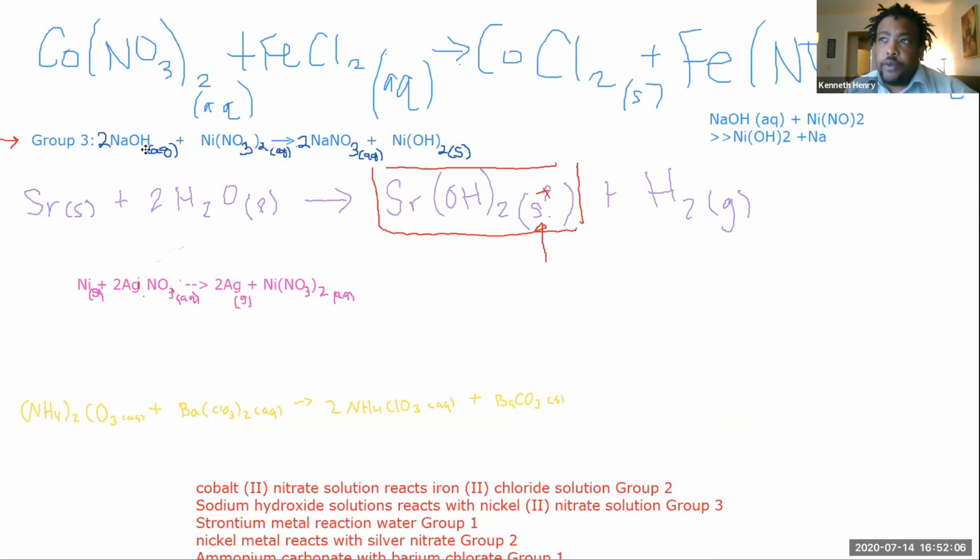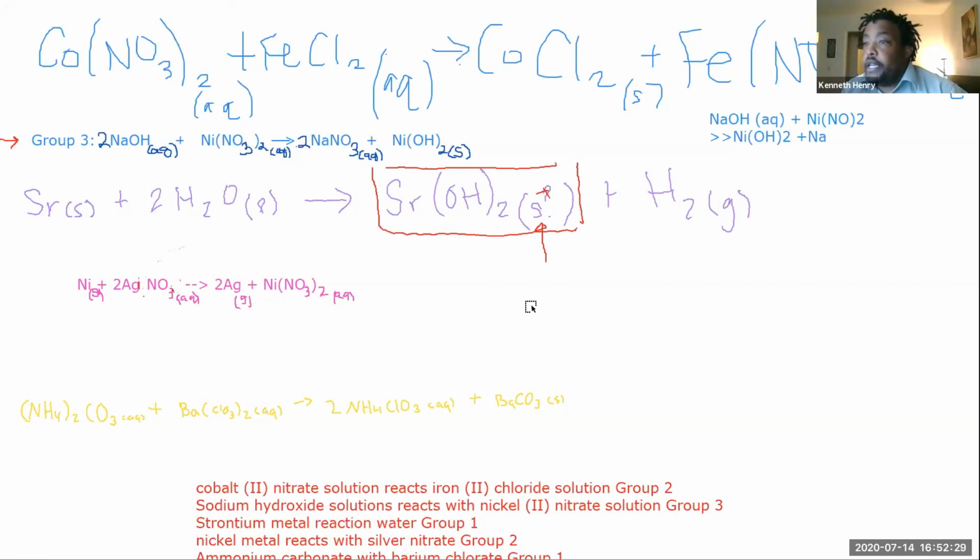So is there a number following the OH? No. Okay. So like here, there's a number following the nitrate, so you want to put parentheses because you need 2 of those. So here you don't put anything following it, right? It's just the nitrate, no parentheses. Okay. Thank you. No problem.